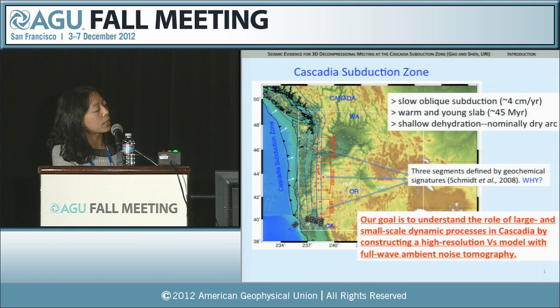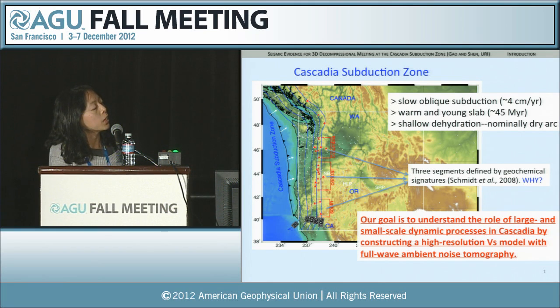As defined by geochemical signatures, the Quaternary volcanic arcs are segmented along strike into 3 groups, defined as the Southern, Central, and Columbia group.